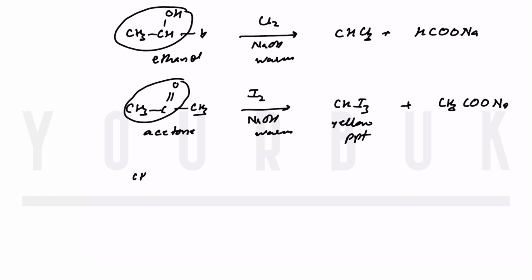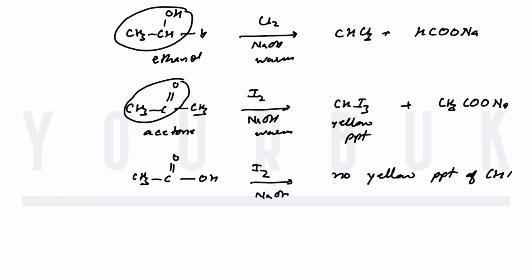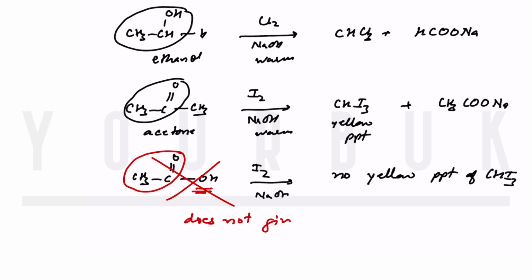But if you are starting with acetic acid and reacting it with iodine and NaOH, then you won't get any yellow precipitate of iodoform. Although the CH3CO group is present, the fourth valency has been satisfied by oxygen, an electronegative element, so it does not give the haloform reaction.